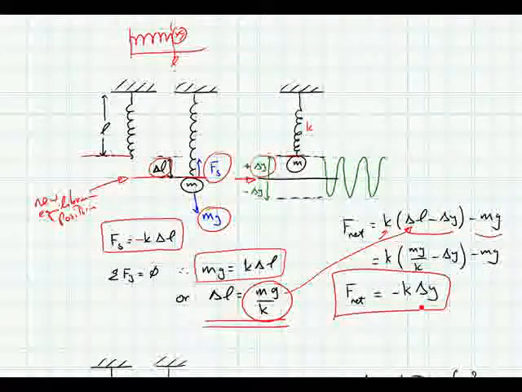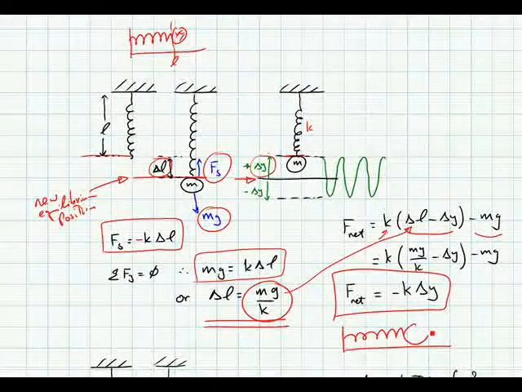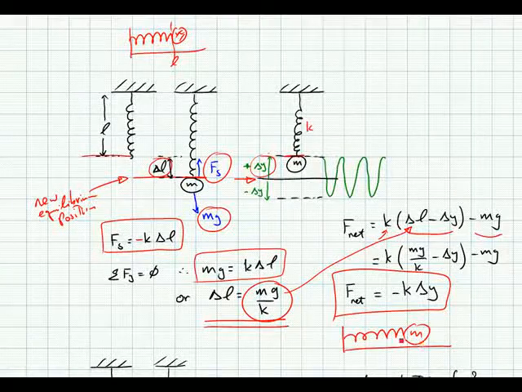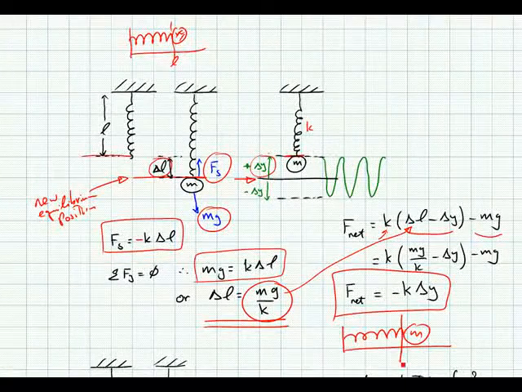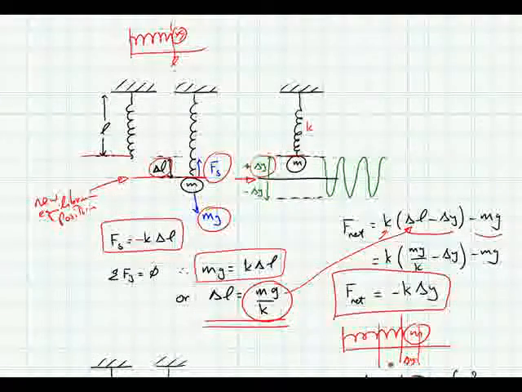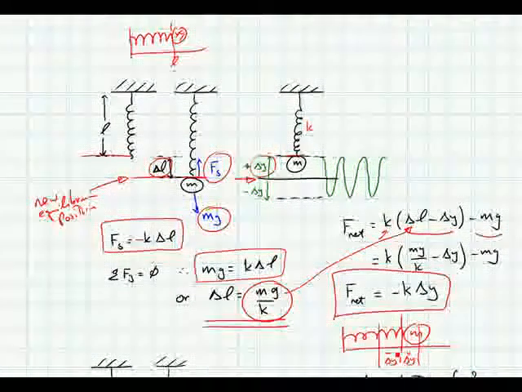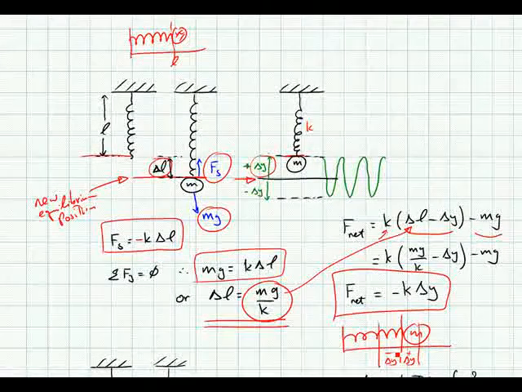And minus k delta y, well, that's Hooke's law for a system where the spring is horizontal with the mass oscillating about an equilibrium position, and this is our delta y, plus or minus delta y, displacement about the equilibrium position.